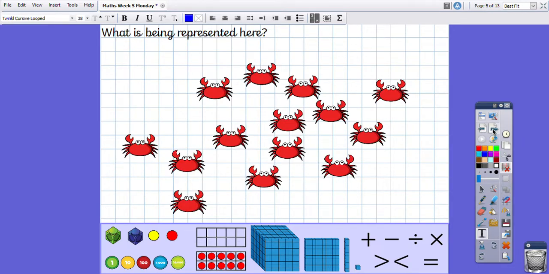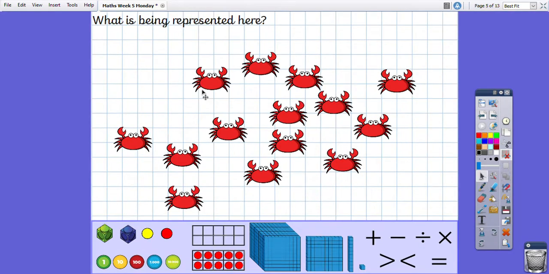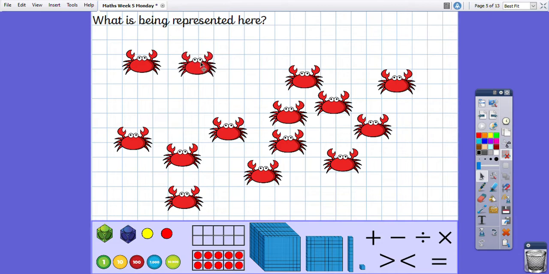What about my crabs? I went rock pooling and I found some crabs. What is being represented here? Now, I want to count in 5s because 5s is a nice easy way to count, but it's very tricky here. So what I'm going to do is I'm going to rearrange them. So I'm going to put them in rows of 5 to help me.